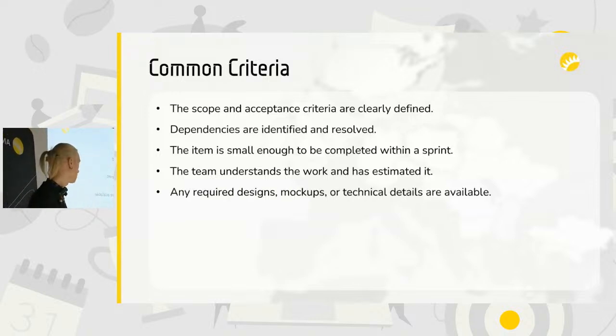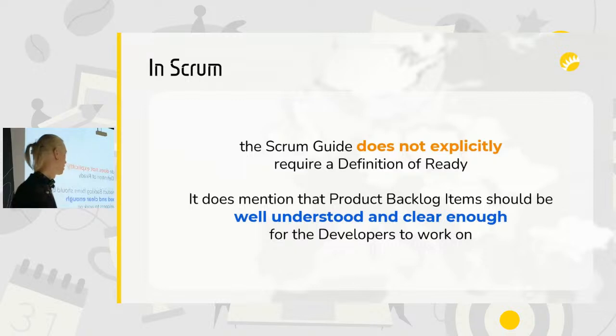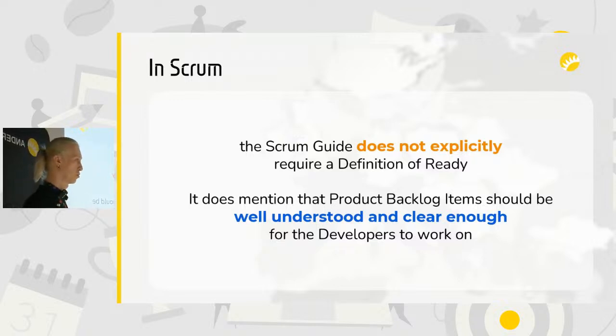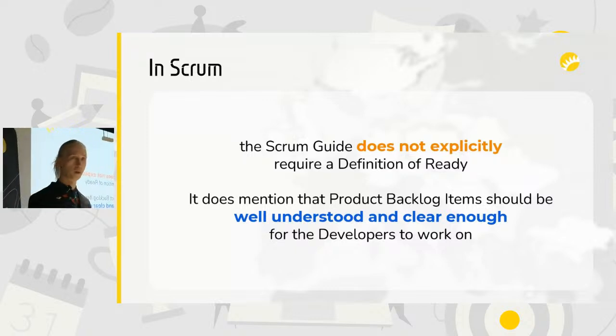Still, lots of things are materials that you require to continue. Also, as I said, the Scrum Guide doesn't force you to have it. Still, you should have something here to make this estimation.